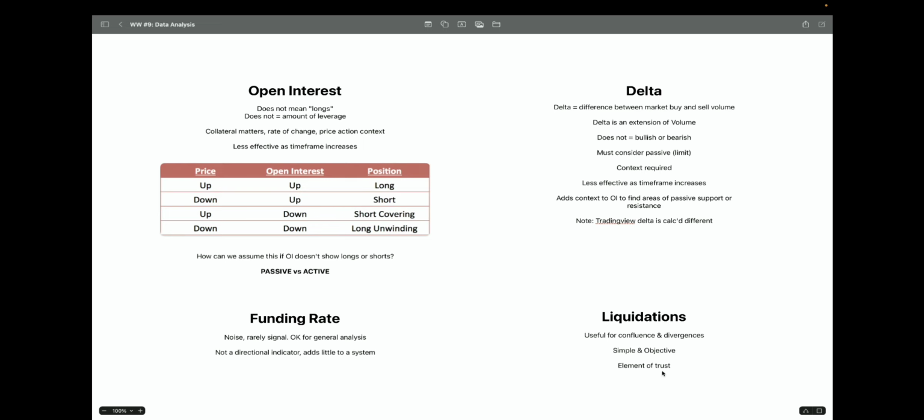Now, I mentioned here, element of trust. What does that mean? There's a problem with really all of this data, but especially liquidations. It's reliant on when the exchange broadcasts the liquidation data, which, over the years, I've definitely observed that different exchanges report liquidations in different ways.